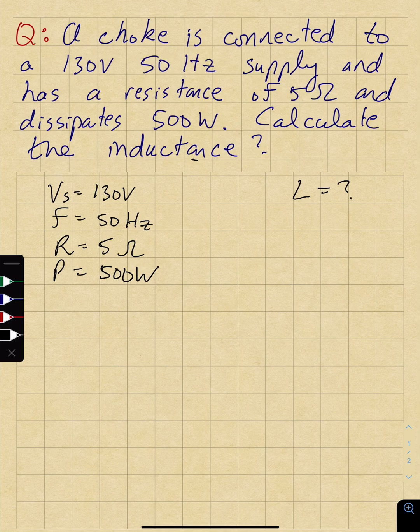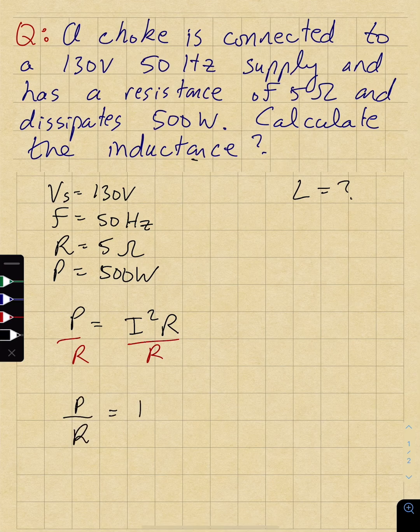First step is we're going to use this equation, power equals I squared R. Now we want I, so say we divide both sides here by R, we're going to end up with P over R equals I squared, because the R's cancel there.